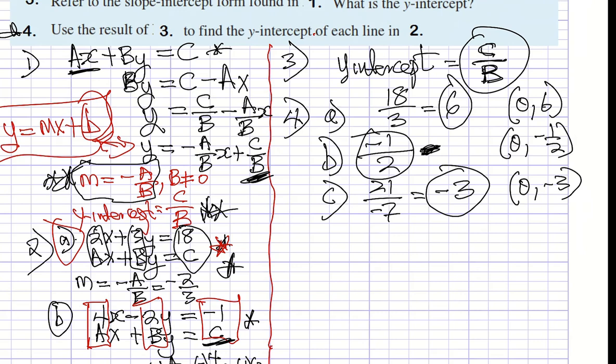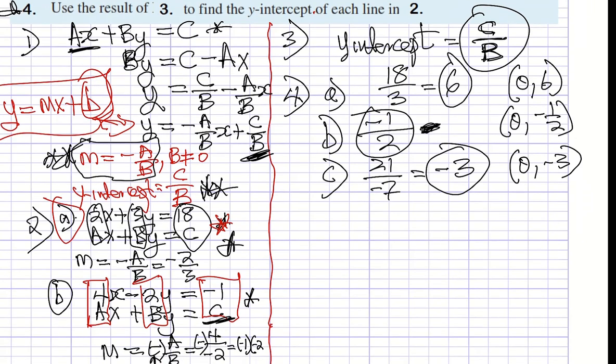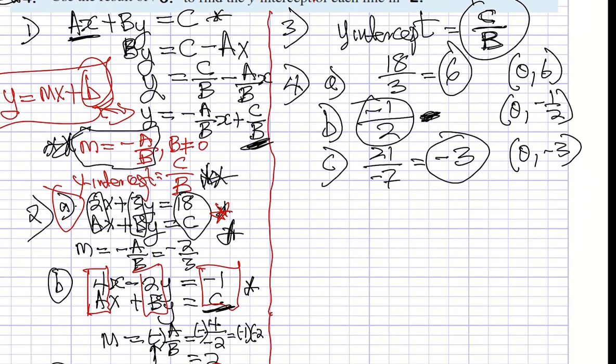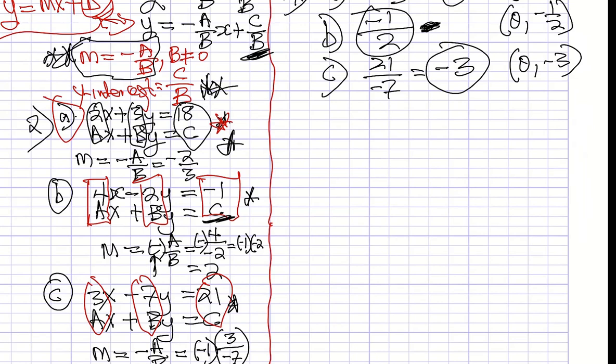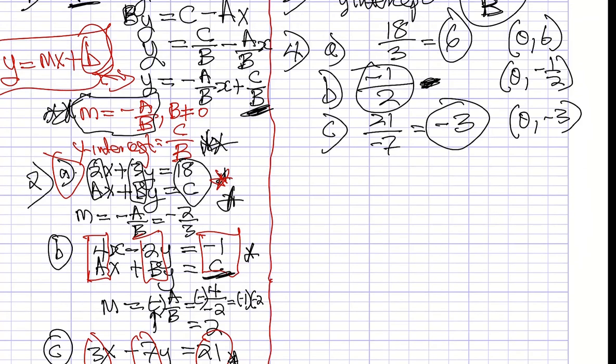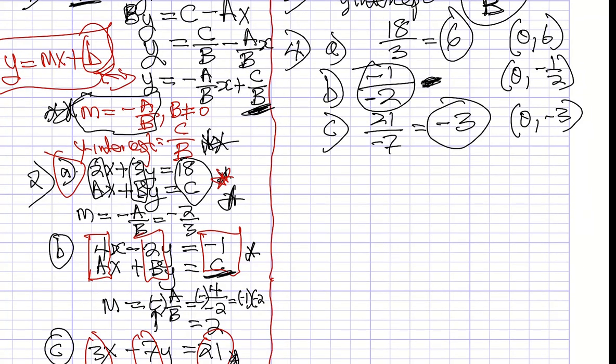What did I do? Hang on a minute. I think I did it right. Hang on, I think there's a mistake. There is a mistake in B. Let me look at B again. C is minus 1, and okay, I made a mistake, because this is minus 2 too.